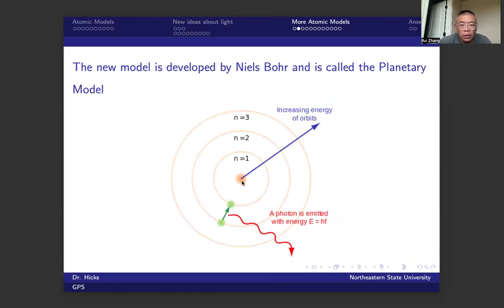So this is the nucleus, and this is the orbits of electrons. But they cannot be any orbits. They have to satisfy a certain number, a quantum number. Like this is the n equal to 1 orbit, n equal to 2 orbit, n equal to 3 orbit. Whenever an electron goes from one orbit to another orbit, it radiates out a photon with this energy and with a specific frequency.